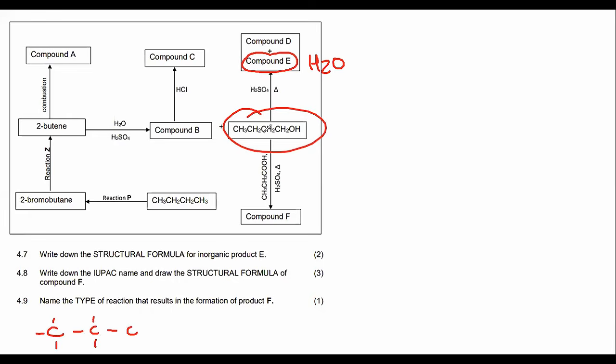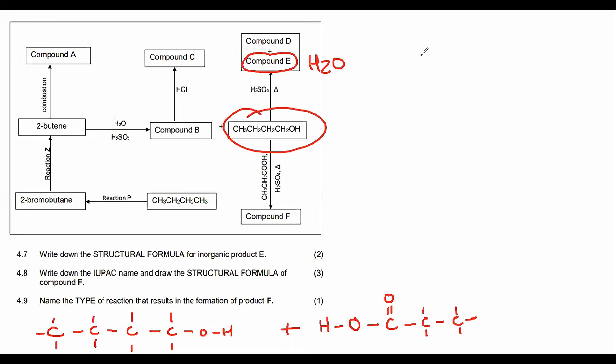How many carbons? 1, 2, 3, 4. Okay, good. And then we're going to react that with the carboxylic acid. Now the carboxylic acid has 1, 2, 3 carbons. But what I like to do is I always like to put the carboxylic acid on the side of the alcohol. Just makes it easier to work with.